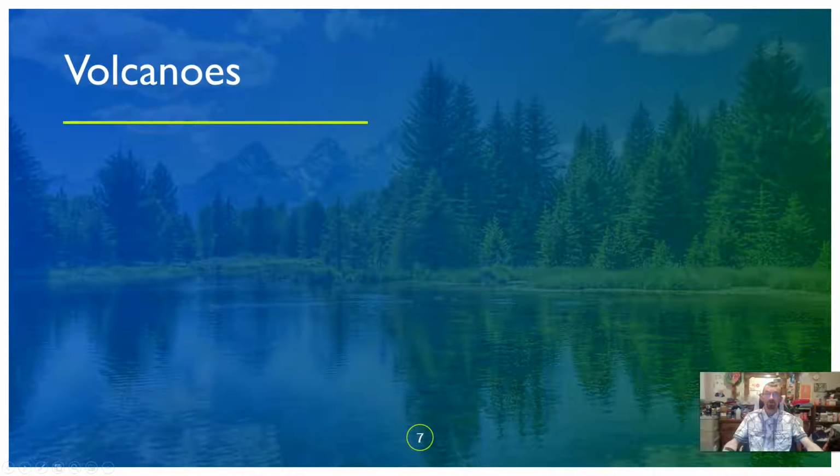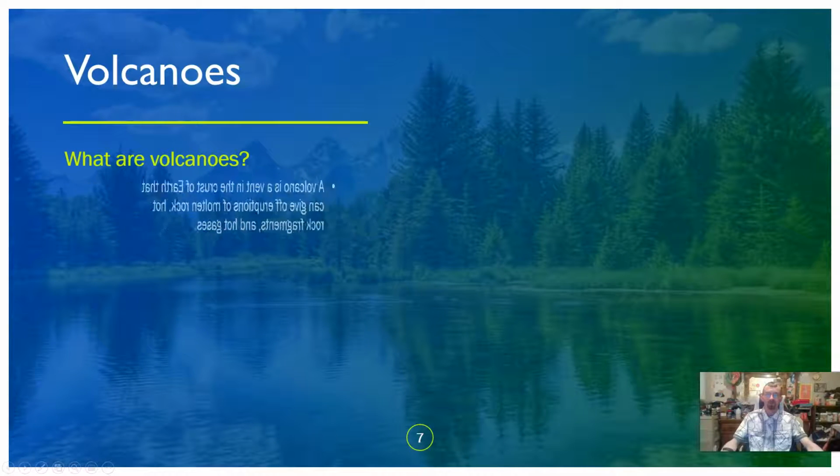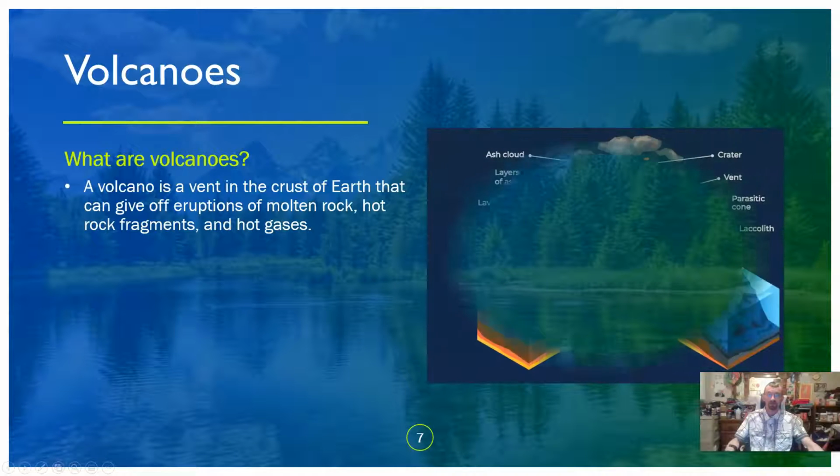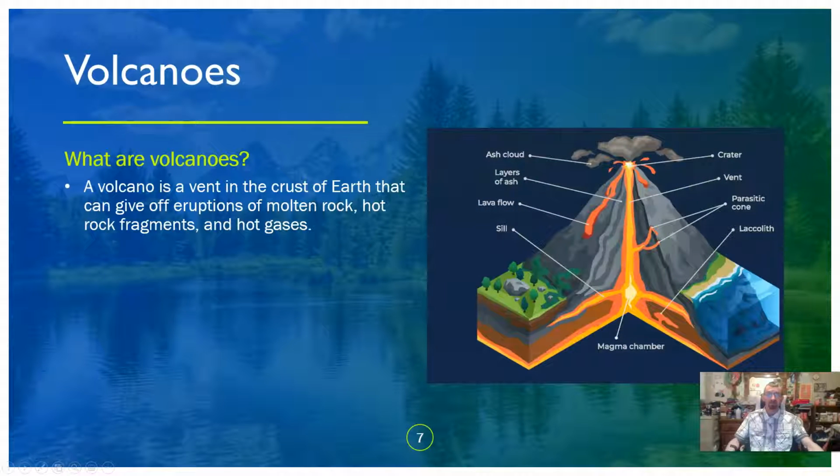So let's talk about volcanoes a little bit. What are volcanoes? A volcano is a vent in the Earth's crust. It can give off eruptions of molten rock, hot rock fragments, and gases. Here's an image of a volcano broken down.